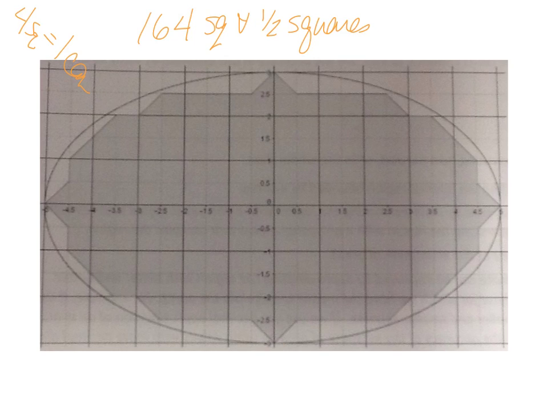So it takes 1 can of paint to cover every 4 of these squares. So if we divide, we would get 41 cans of paint to cover the region. But again, we still have all of these not covered pieces because this is our lower approximation. We're sort of underestimating, right?